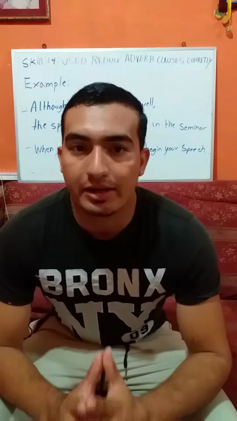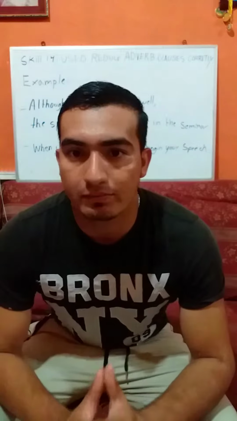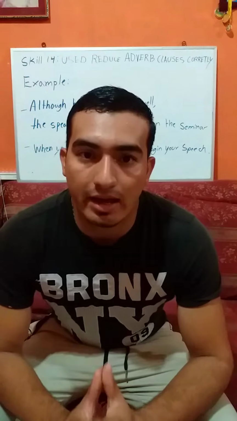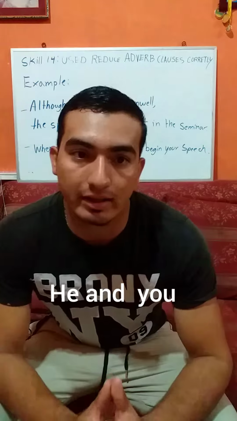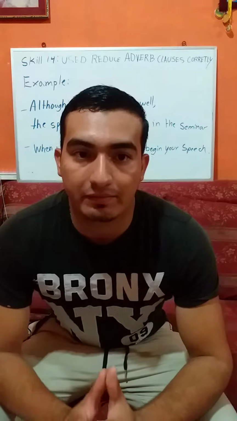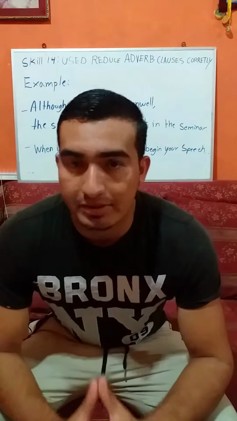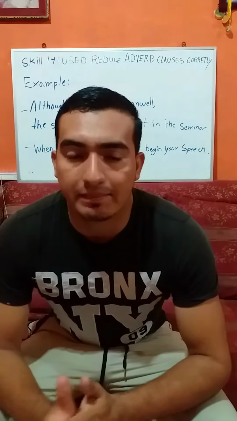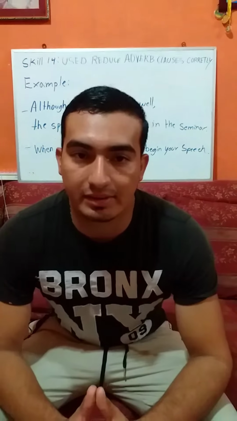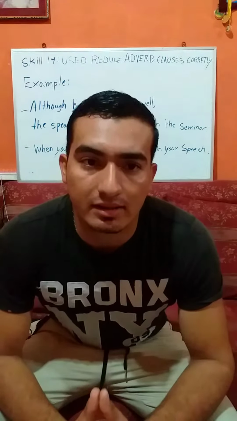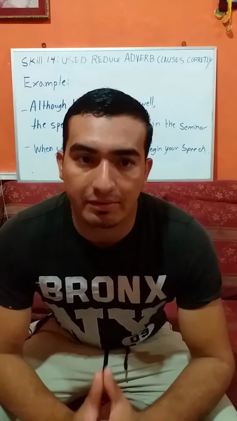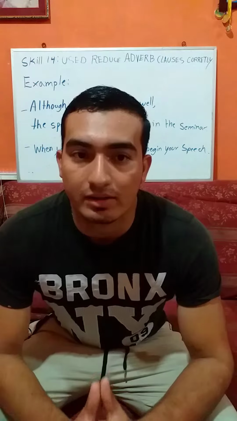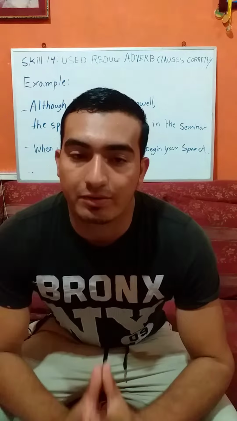In the reduced form, the adverb connector, like while or when, remains, and the subject, he and you, as well as the be verb, is and are, are omitted. When there is no be verb, the subject is omitted and the main verb is changed into the ing form.